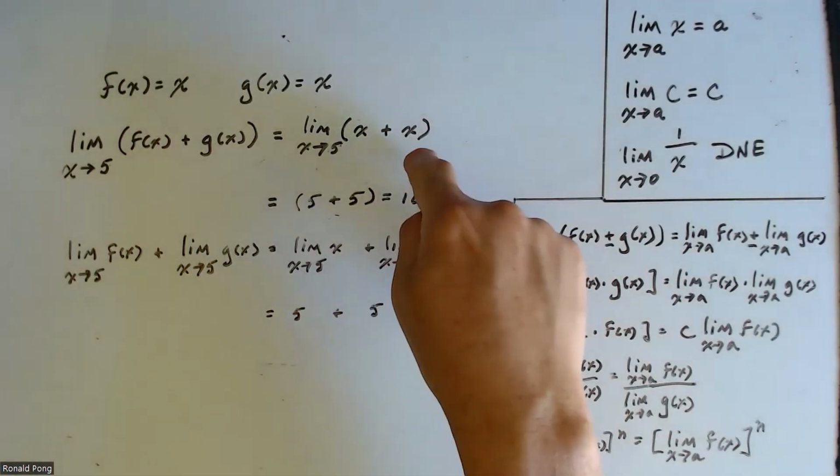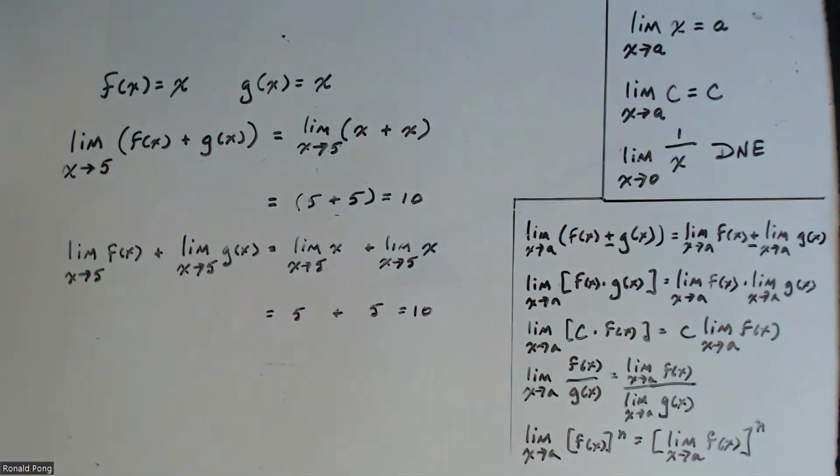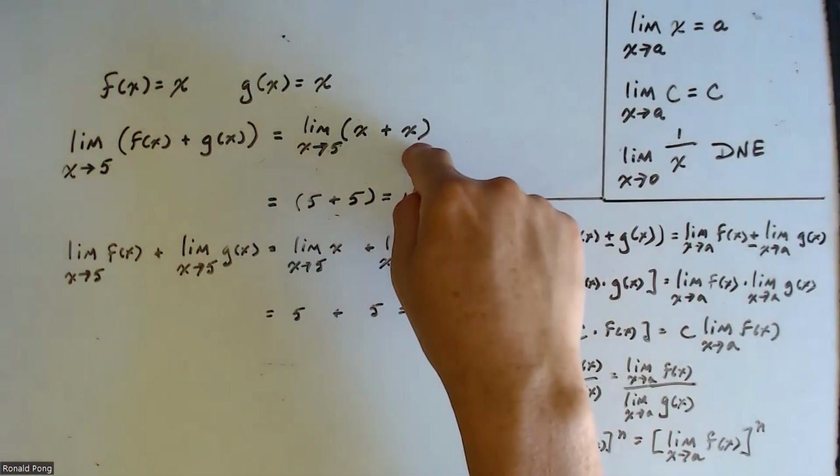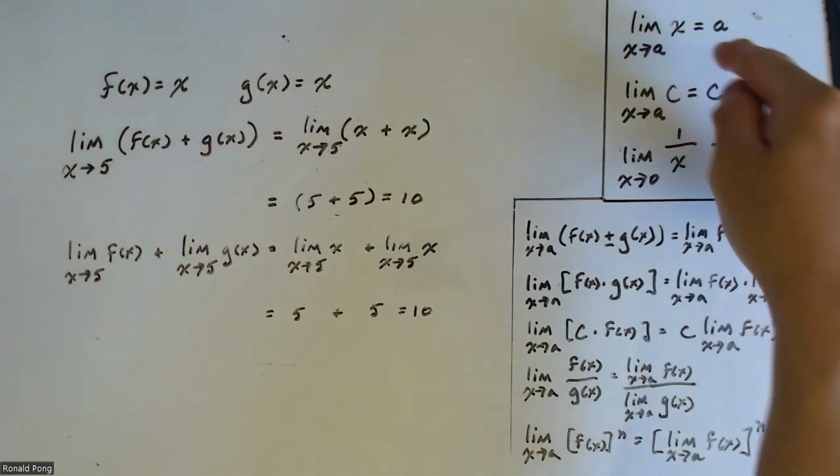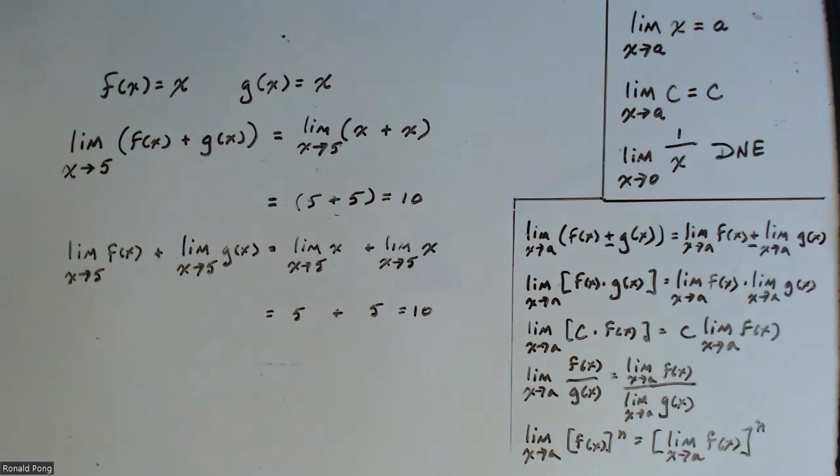Substituting the expressions for f of x and g of x, that is x, gives us the limit as x approaches 5 of x plus x. Now we're going to take the limit. Once we do that, we're going to plug in the value of 5 for x here, following our first limit result from the previous video. We see that we get 5 plus 5, which equals 10.